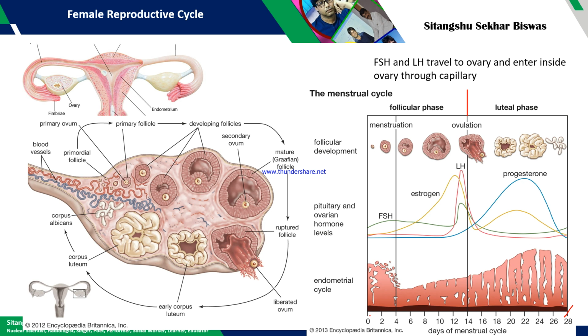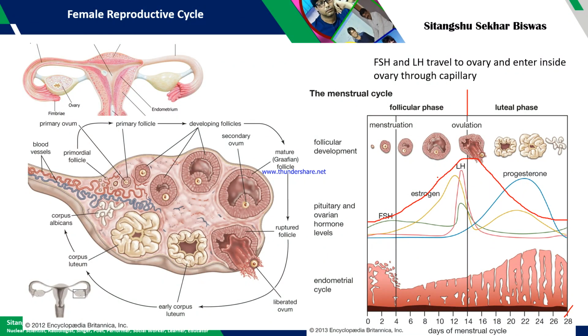When the cycle started, that means when the menstruation started, that means the shedding of the uterine lining, the GnRH concentration will slowly increase. This red line that I'm drawing is GnRH, the gonadotropin releasing hormone.